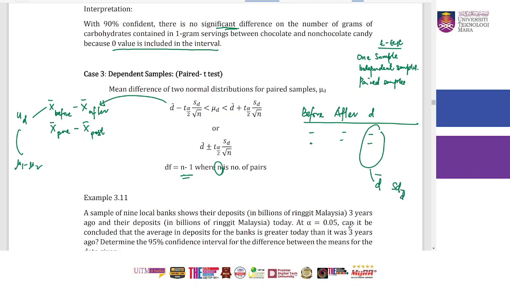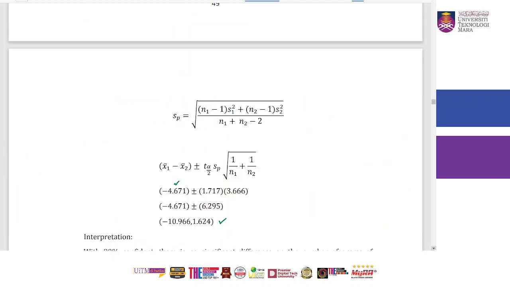Sama macam kita kira standard deviation dalam chapter yang kedua. Okay, sama je. Cuma sekarang ni, data kita ambil dia punya difference dulu. So, we take the difference first and then kita kira D dengan D bar dengan SD bar. So, kita assume that this one is your actual data.